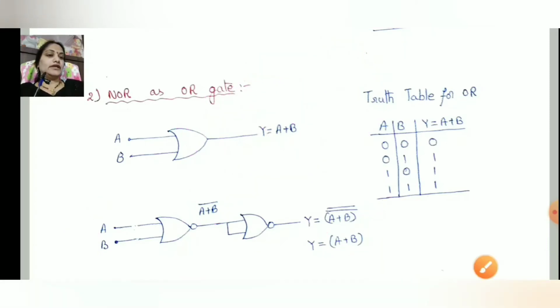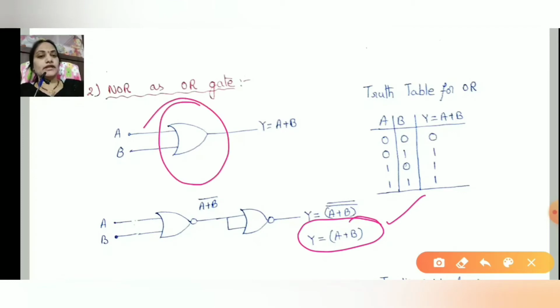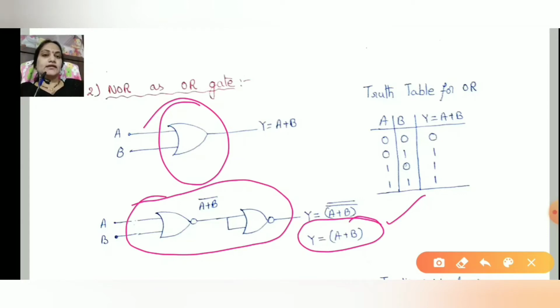So you can observe that we are getting the addition of two variables without using an OR gate, by using only NOR gates. That tells us that the OR gate operation can be performed by using NOR gates.